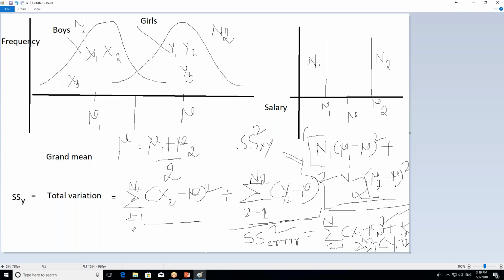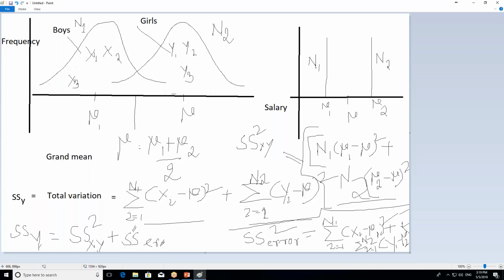We understand that the total variation is the sum of xi minus mu squared plus the sum of yi minus mu squared. So my SSY is nothing but the sum of square between the group plus the sum of square within the group.